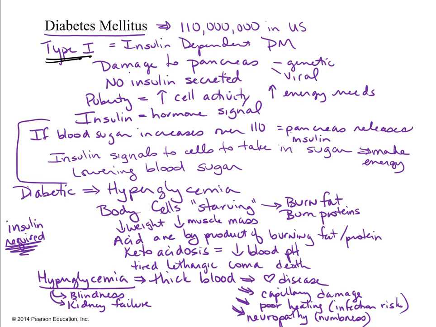So there's 110 million. We'll roughly say about 10 million of those are type 1 diabetics. So only 10% of all of those are type 1. The 90%, the 100 million, those are the type 2.